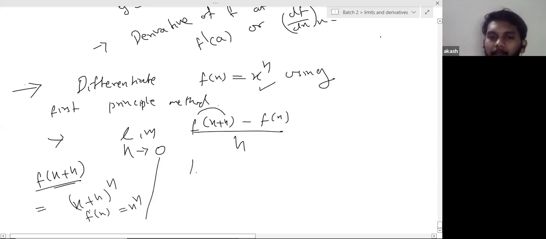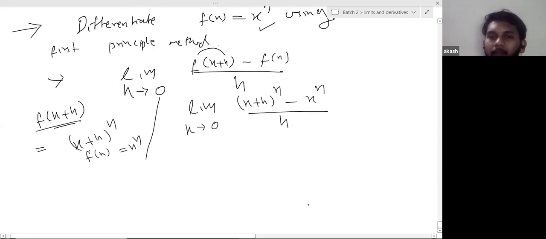Substituting this value in this equation, limit h tending to 0, x plus h whole raised to the power n minus x raised to the power n whole divided by h. All right. Now this looks like the first standard limit formula, something raised to the power n minus something raised to the n and similar. But here the limit is also not the same and we don't have the division.